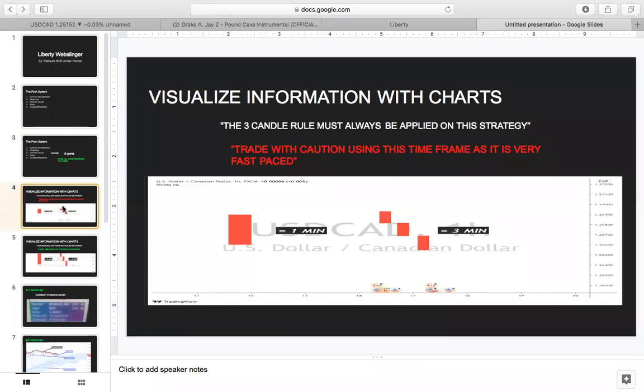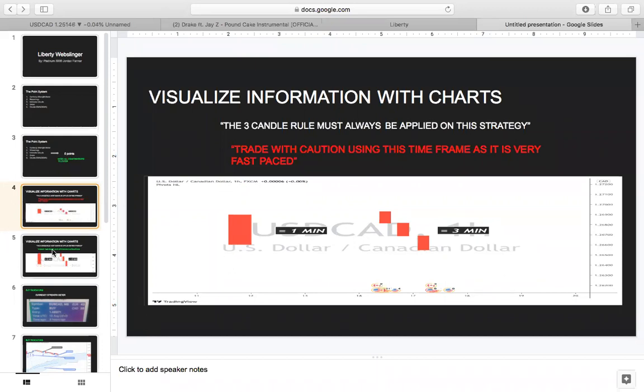So each candle is an interval of time. If I'm on a 1-minute time frame, each candle will count for 1 minute. So if I'm following the 3-candle rule, that means that when I enter the market, I'm looking for a 3-candle trade, which means I will get in this trade for 3 minutes. Okay? The 3-candle rule is a must. We must follow this, okay?